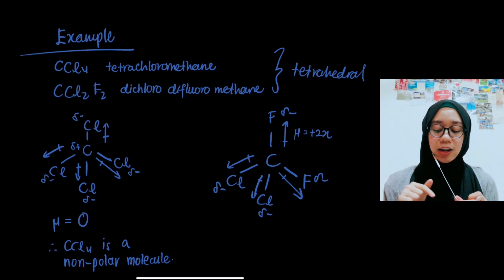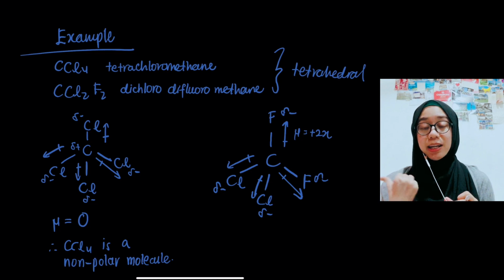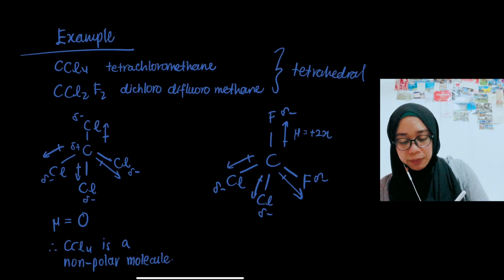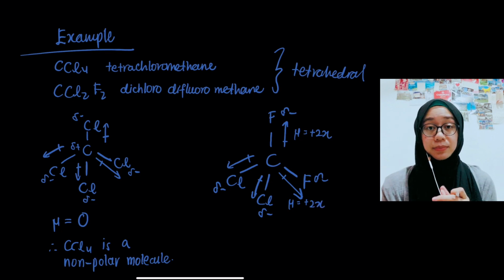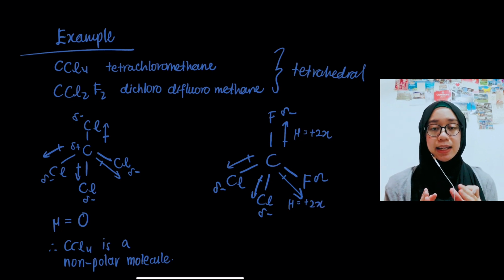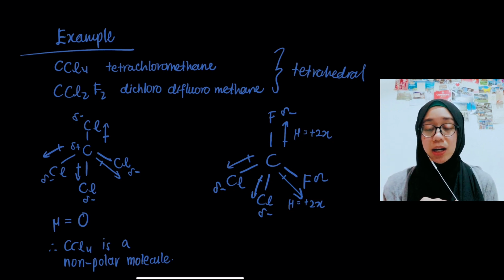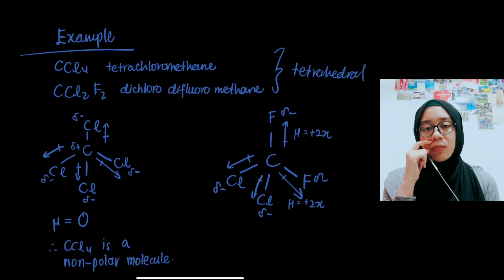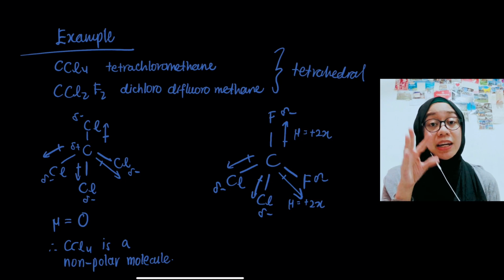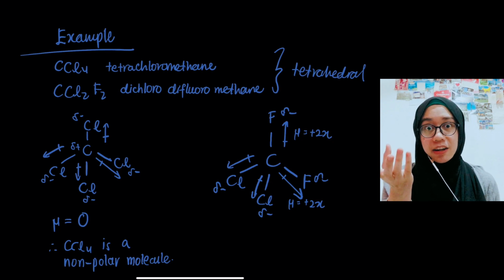Okay, and then kalau yang F sebelah kanan tu pula, mu dia adalah equals to 2x juga. Okay, tapi macam Cl yang tengah-tengah tu pula dia ke arah bawah. So let's say Miss anggap dia ke arah bawah, tapi Cl ni pula dipole moment dia tak sekuat F. So tapi dia ada value juga, so Miss letak X je value dia.